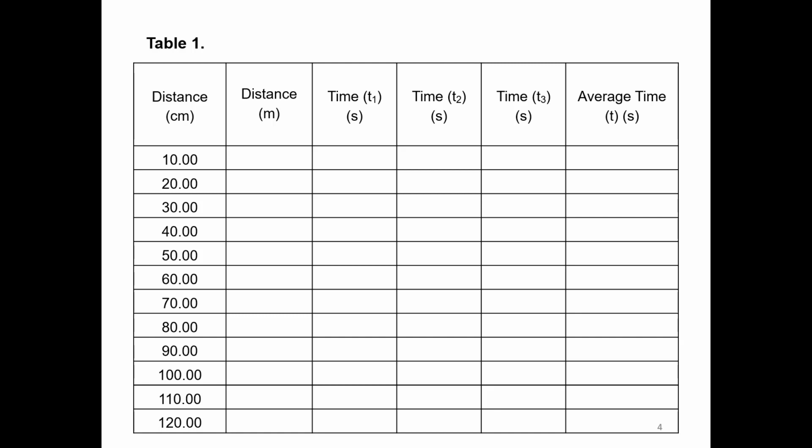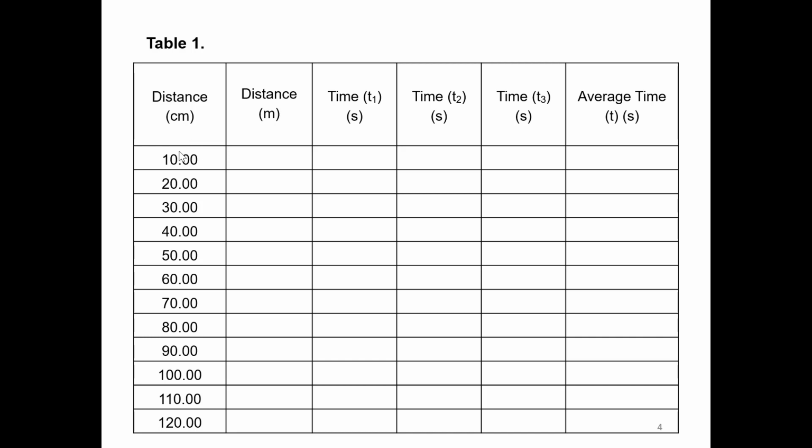In this slide, we have part of the table you had to report in the lab. First, you had to write the title of the table, and then you had to complete the table. In the first column, we had the distance, and the distance is in centimeters.